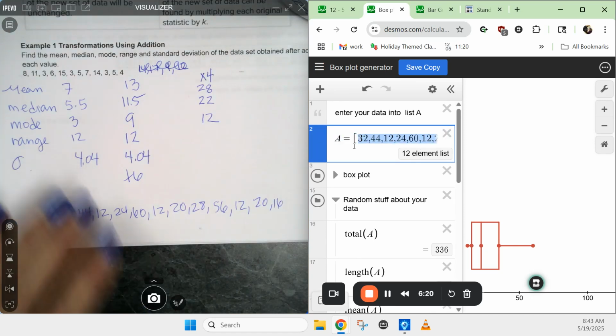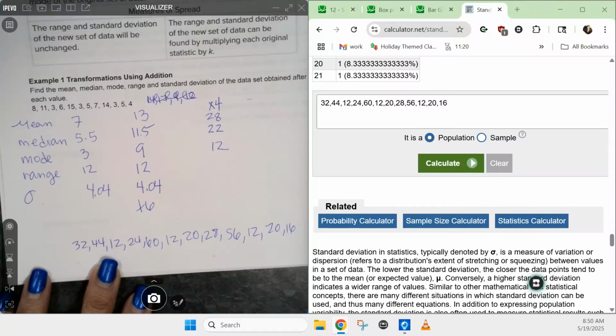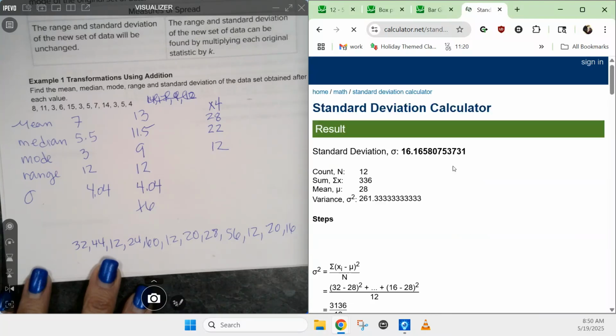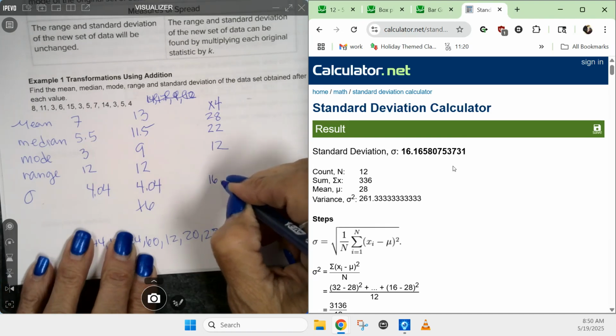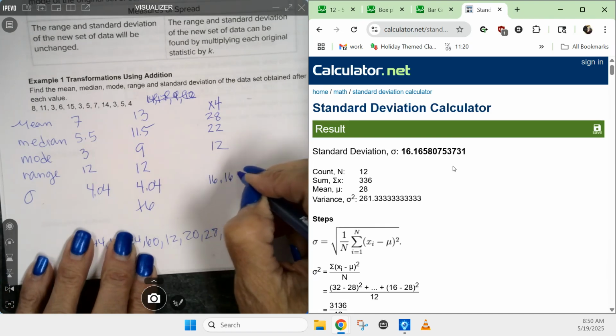Okay, so I've now put the information into the standard deviation calculator, and let's calculate it. Okay, so we get 16.165.